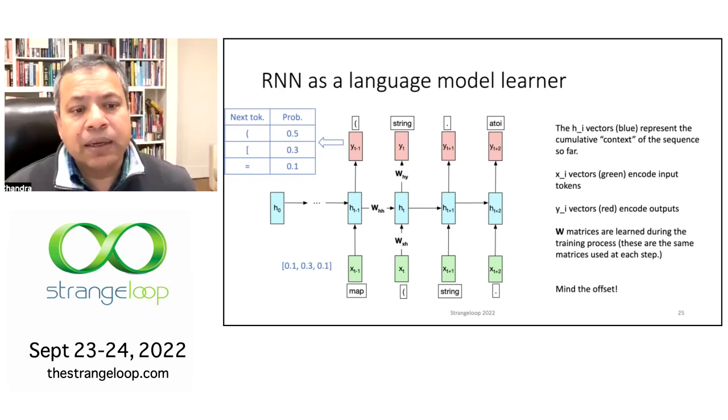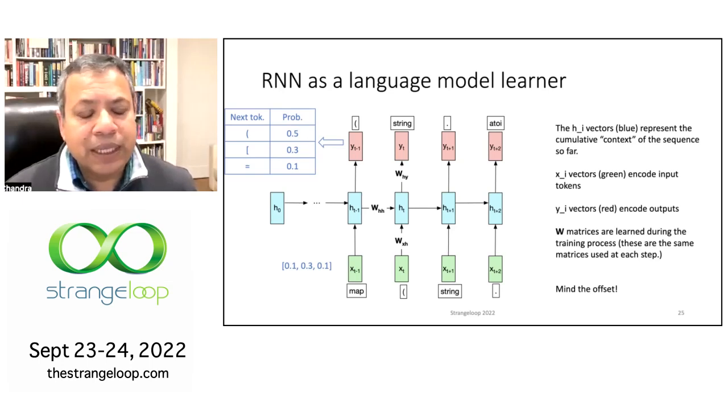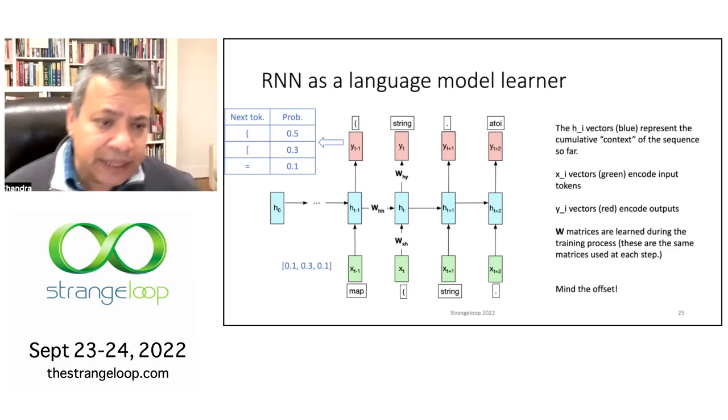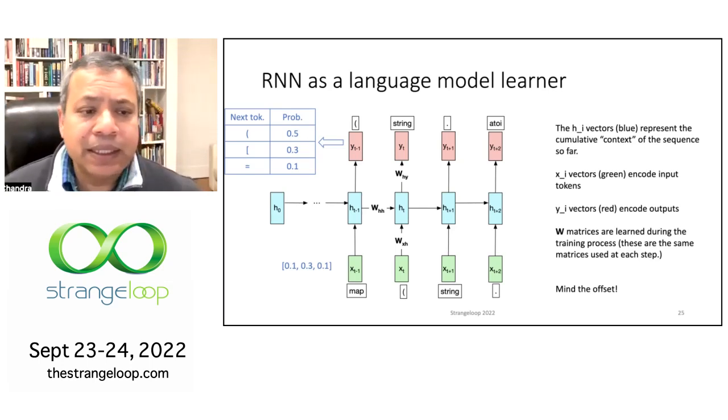And that signal travels backwards through this machine, and it trains the parameters of this machine to try to make it so. And the parameters are essentially matrices here, denoted by those bold W things mentioned on the page, W_hh, and so on. So there is the learning part that sets these matrices, and then there is the prediction part that uses the values encoded in those matrices to compute these probability tables.